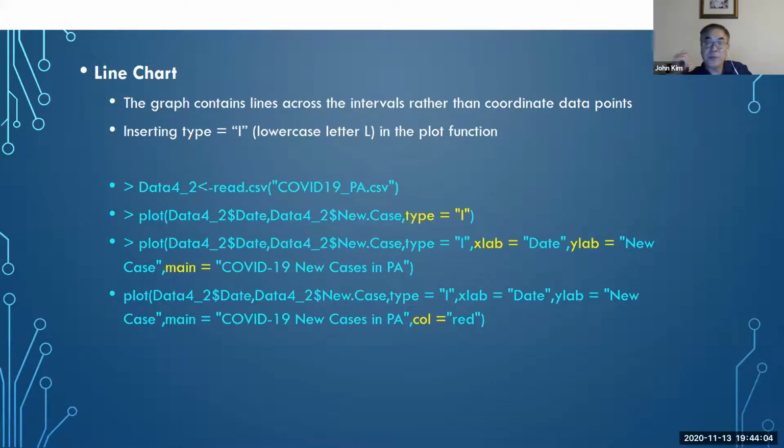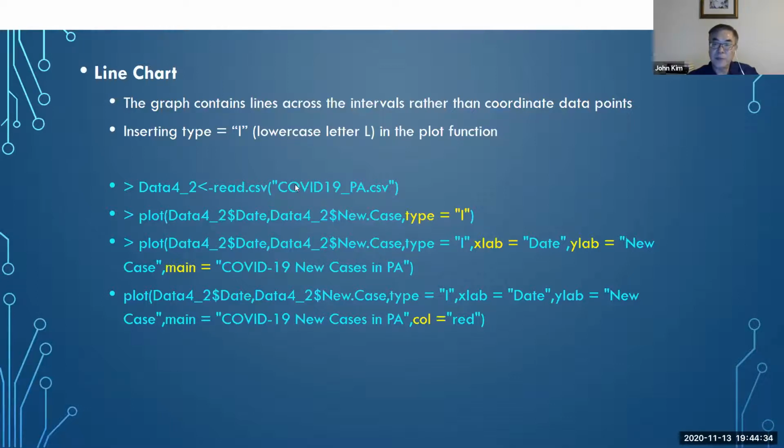The graph contains lines across the intervals rather than coordinate data point dots. Then include type equals this letter. This is not number one. This is the letter L, lowercase L.